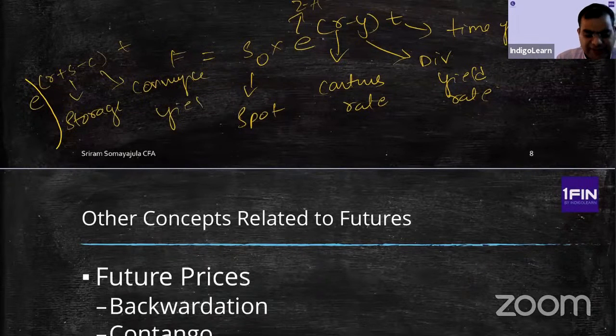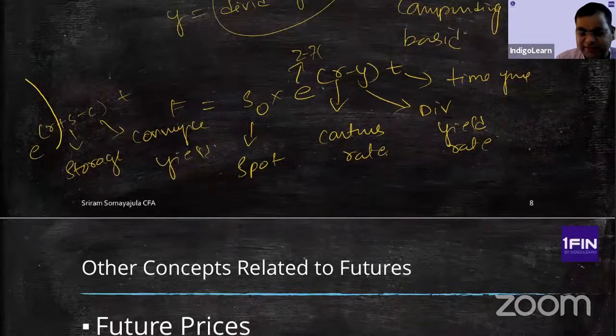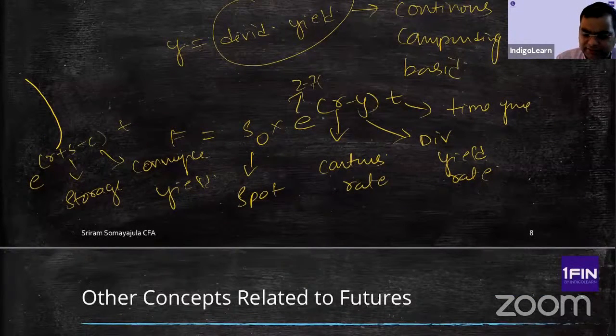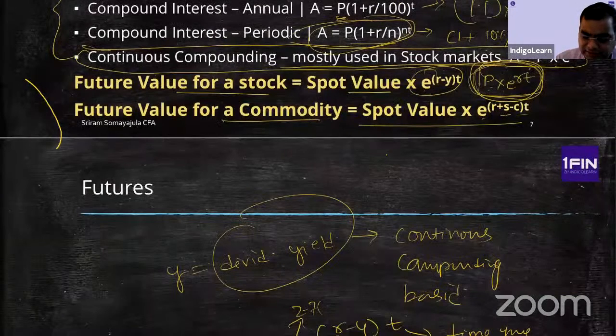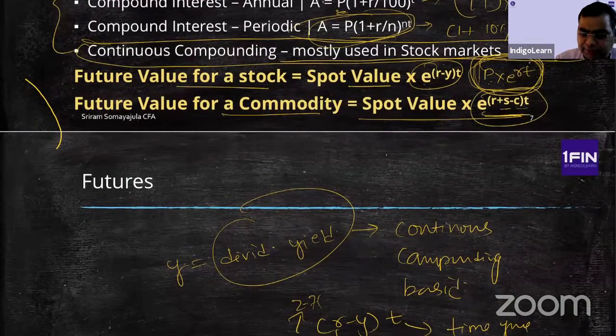I've explained this in depth in our classroom, but this is not there in the study material as of now. Probably at a later point of time they will include it. But this is the formula for pricing a commodity. If at all you get this, please take note that you have to compute the commodity future value using this particular formula.